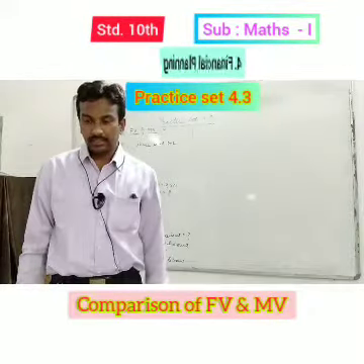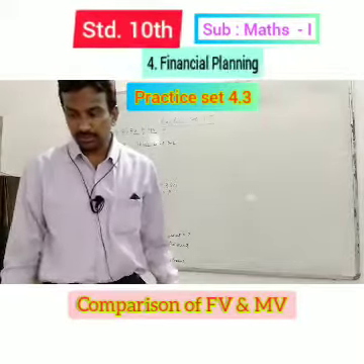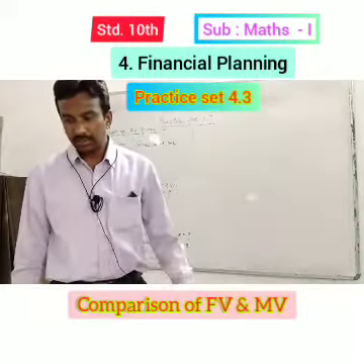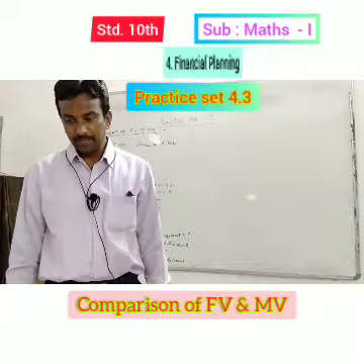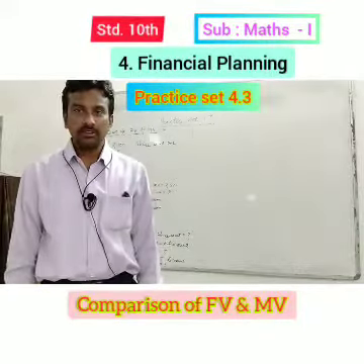Now we will see example number 2. Mr. Amol purchased 50 shares of face value rupees 100 when the market value of the share was rupees 80. Company had given 20% dividend. Find the rate of return on his investment.